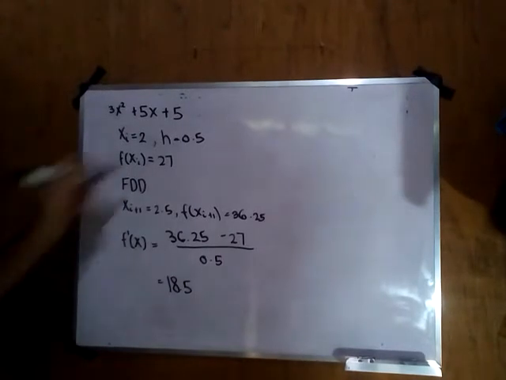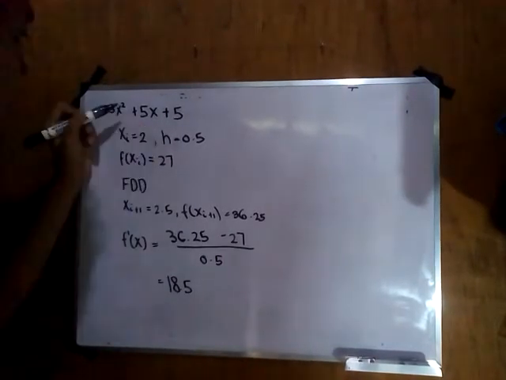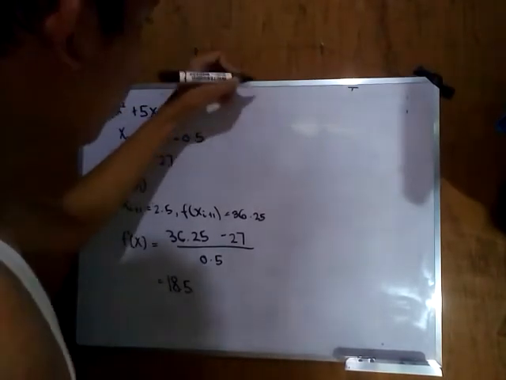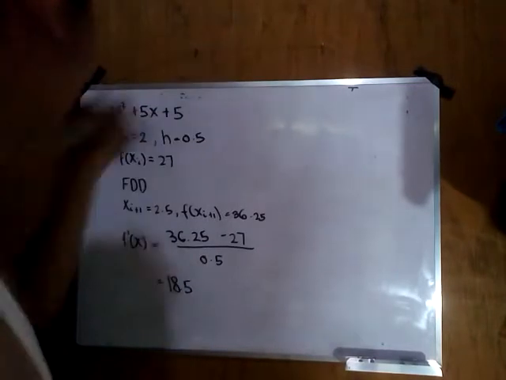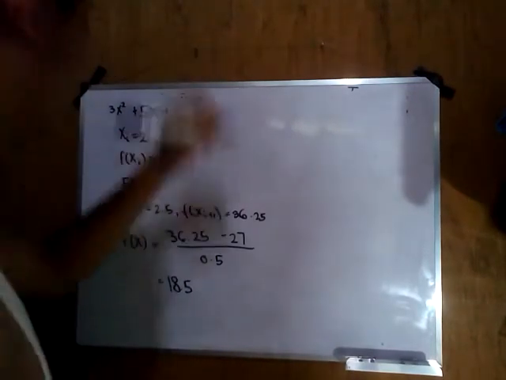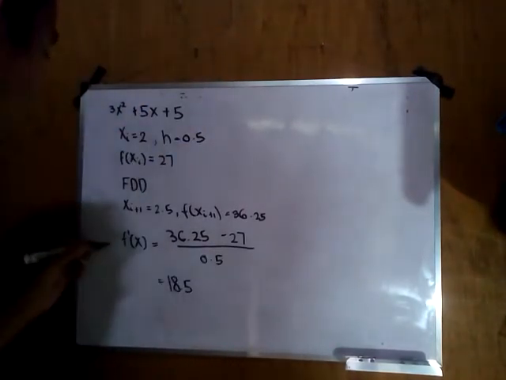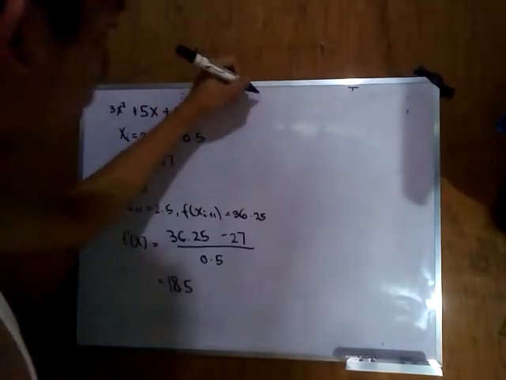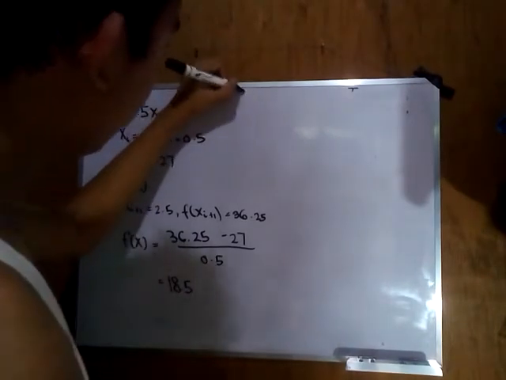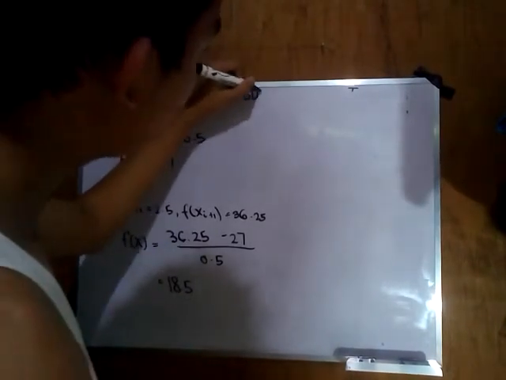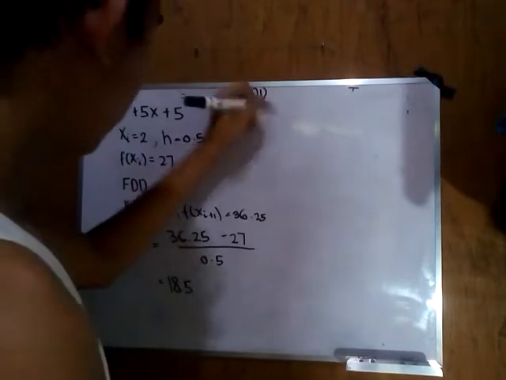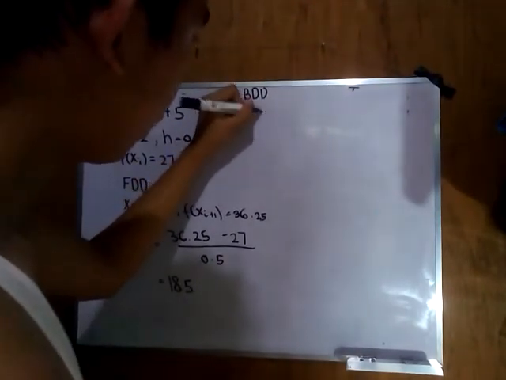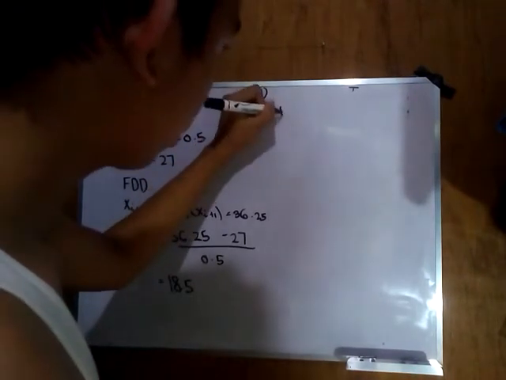Now let's solve this equation in center divided difference. But before center divided difference, let's solve this first by backward divided difference. By BDD, we first get x sub i minus 1, which is 1.5.